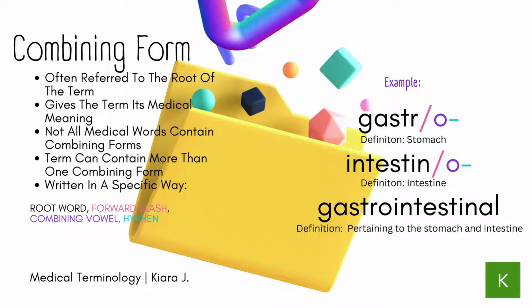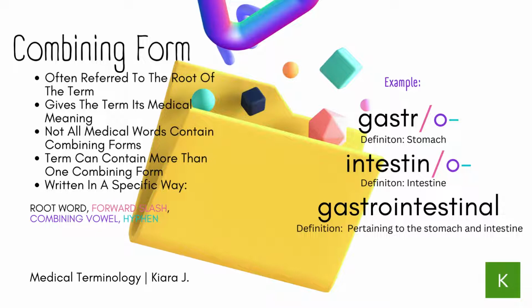This identifies that we are dealing with a combining form. It just allows us to recognize exactly which word part we are referring to. So this is a great example of a term that can have two combining forms, because you also can have more than one combining form in a medical word, the same with prefixes.